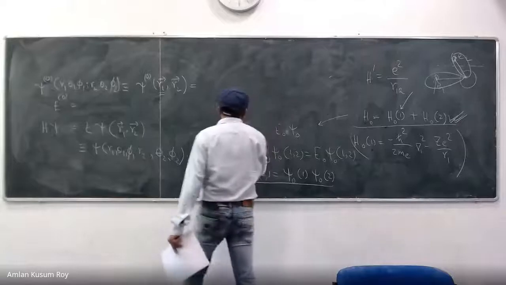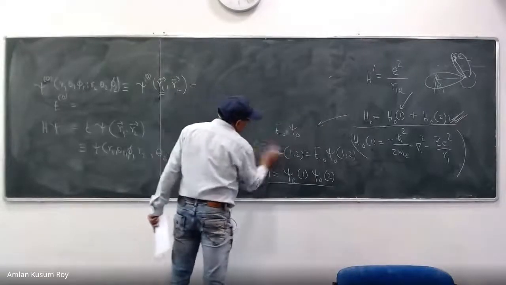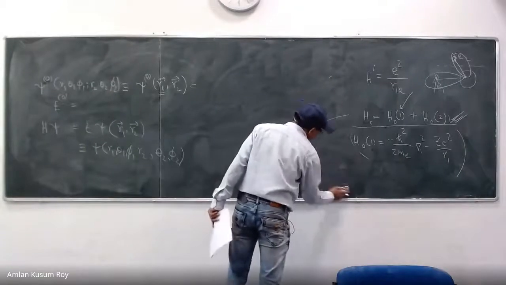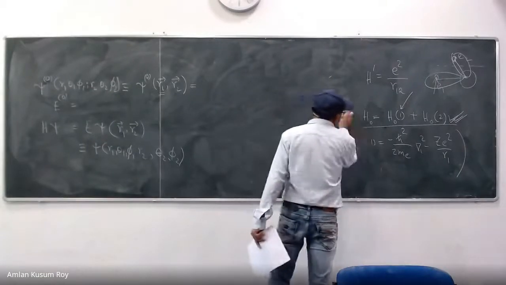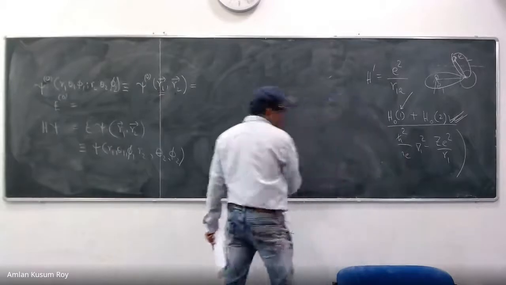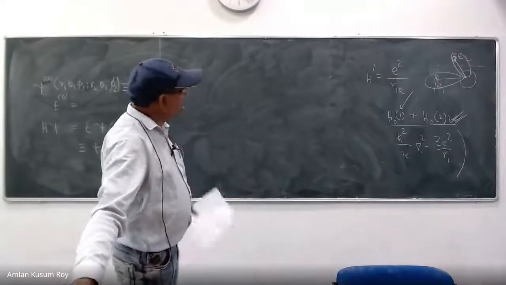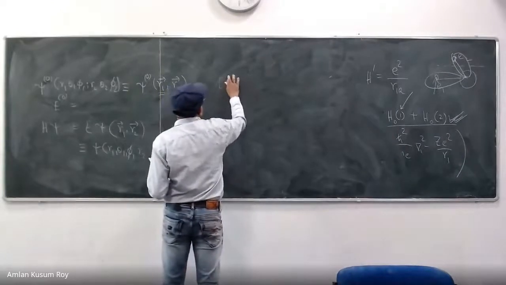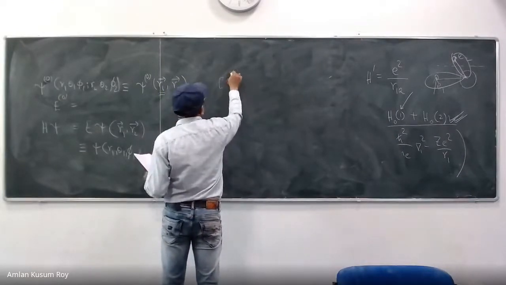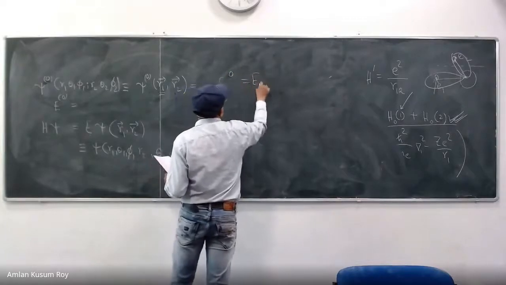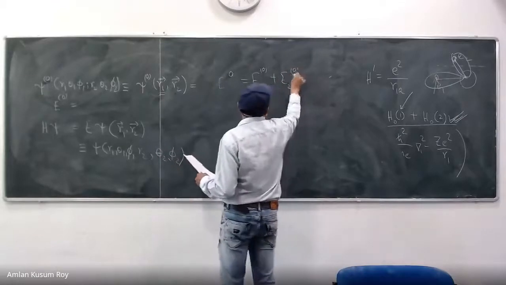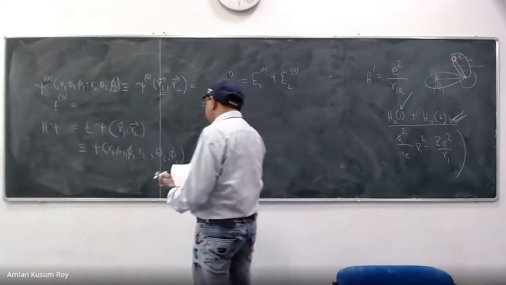Yes, sir. So we can now write H0 psi 0 as a product function of psi 0 1 and psi 0 2, and the total energy of the unperturbed system as E0, which is equal to E10 plus E20. But I'm surprised that nobody is interested to tell me what the energy is.